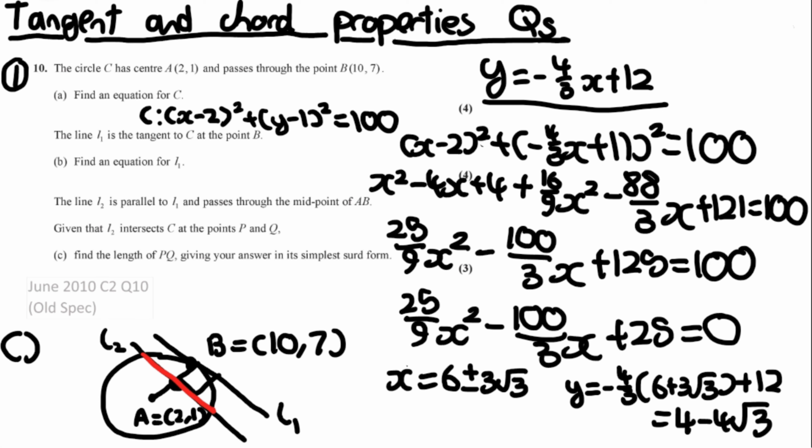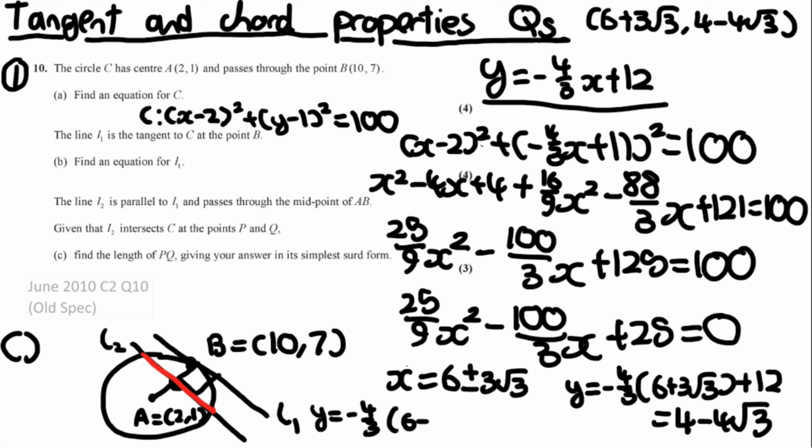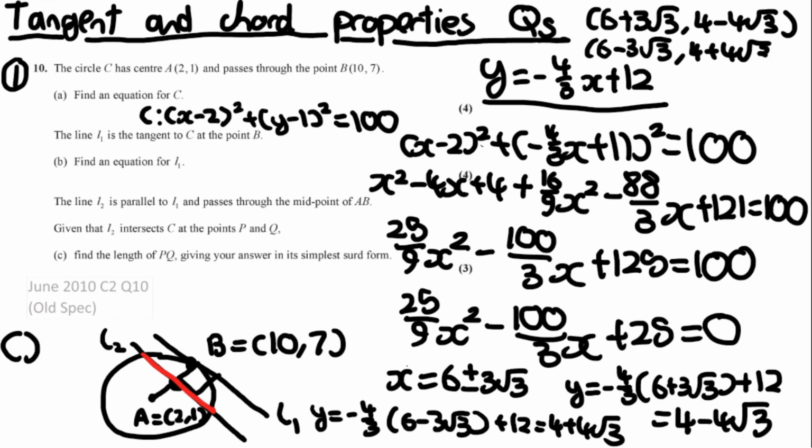So one of the coordinates is (6 plus 3 root 3, 4 minus 4 root 3). And the other coordinate is y is equal to minus 4 over 3 (6 minus 3 root 3) plus 12, which if you put that into a calculator is equal to 4 plus 4 root 3. So the other coordinate is (6 minus 3 root 3, 4 plus 4 root 3).